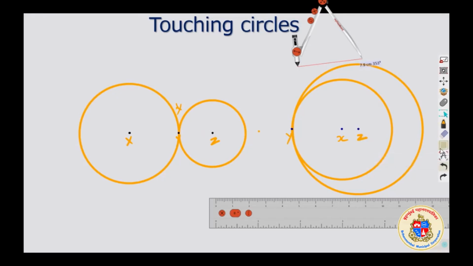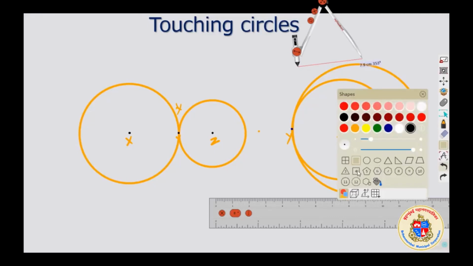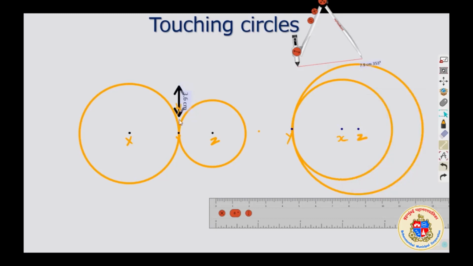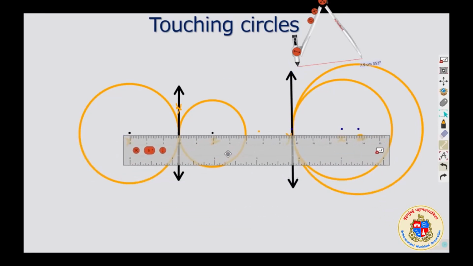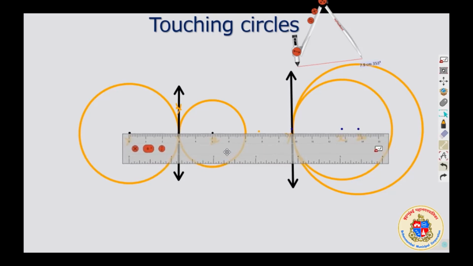Moreover, we have certain other peculiarity. The point of contact can be marked perfectly at a point. And if I try to measure this distance, which I had put earlier for my convenience, here it is 3 centimeter.